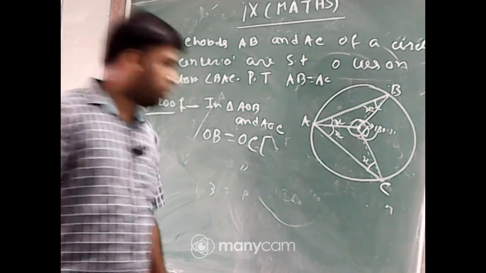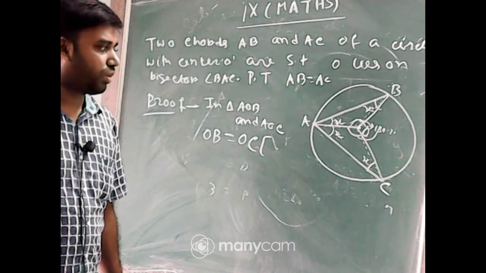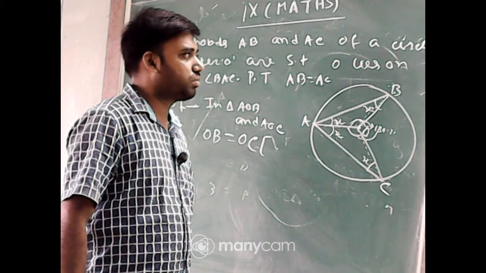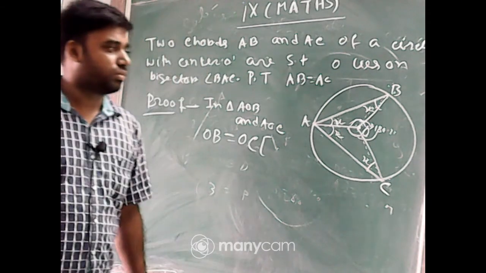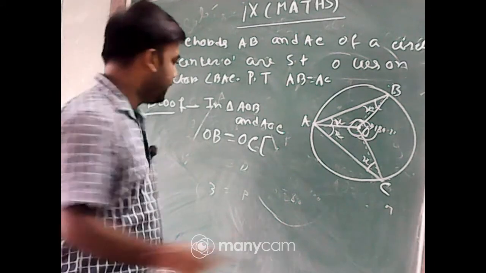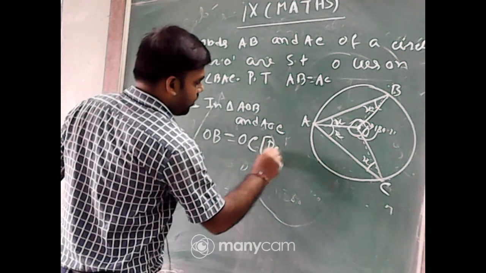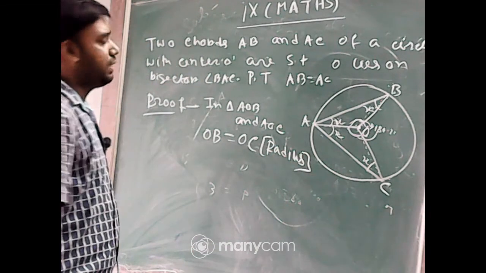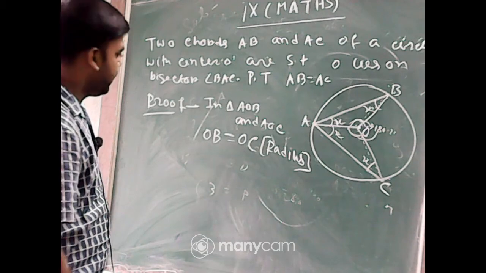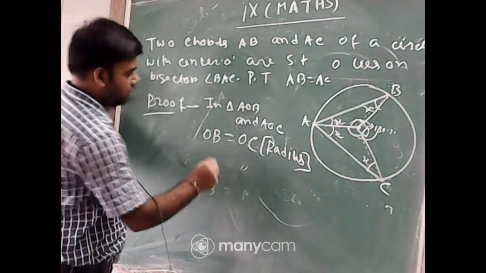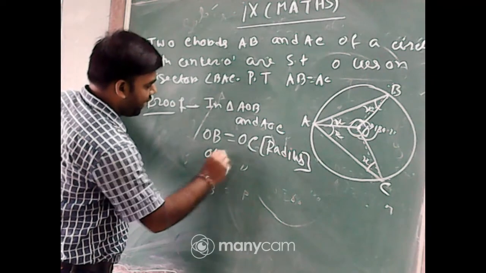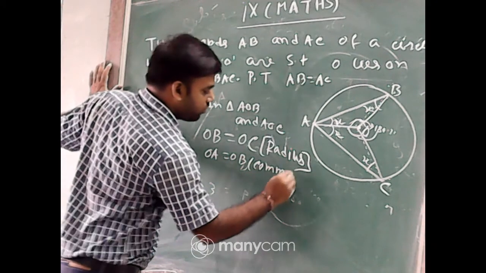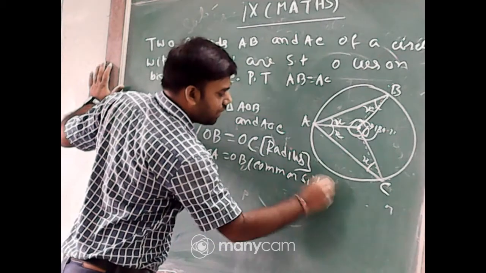Tell me in the chat box. Yes, they are radius. As it is radius, that's why it is equal. Okay. Next, OA equal to OA, it is the common side.